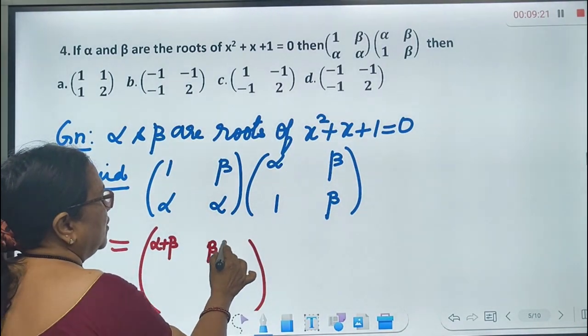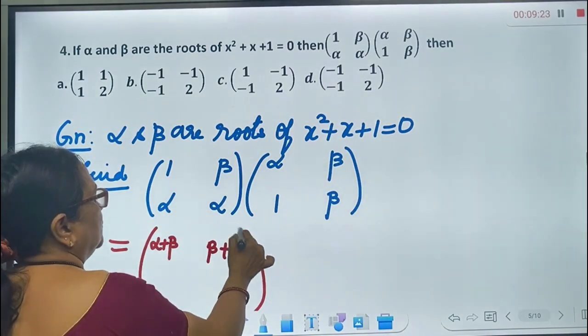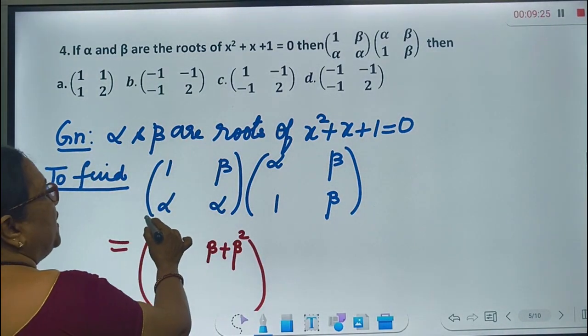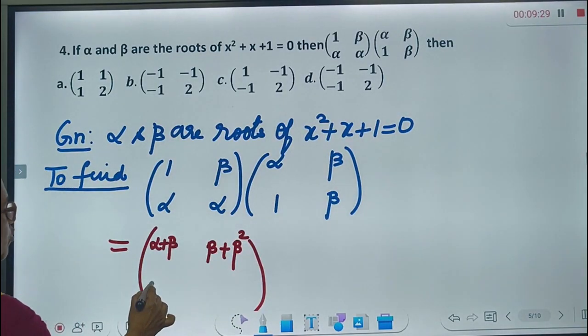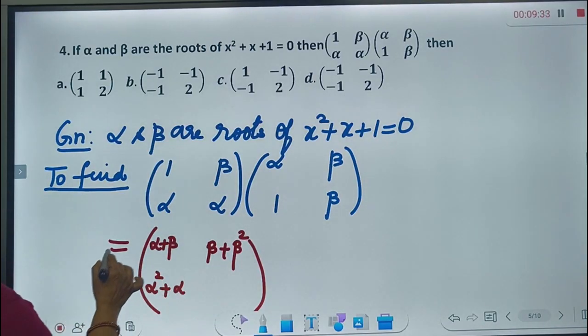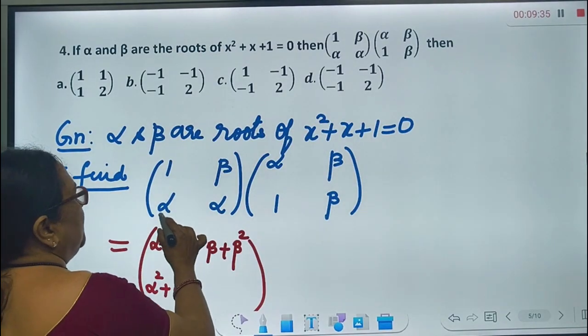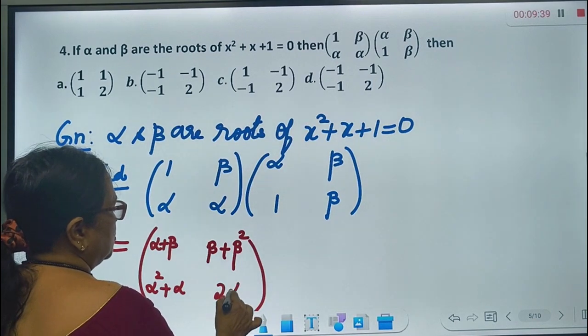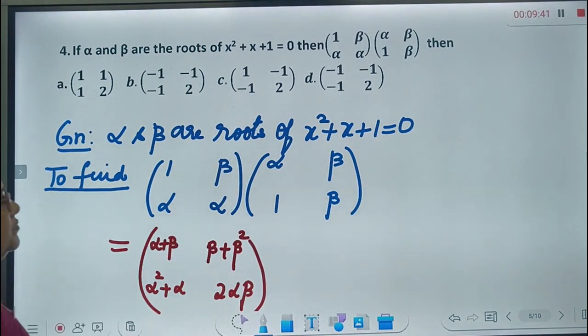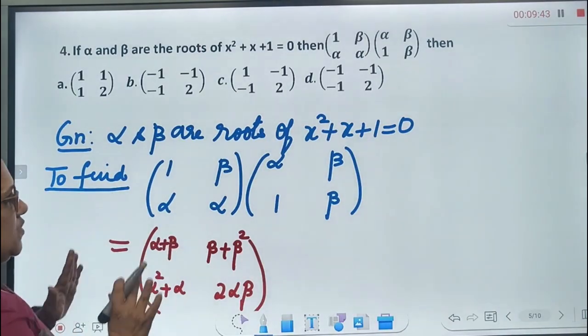So beta plus beta square. This will be second row into the first column, alpha into alpha plus alpha into 1, alpha square plus alpha. The last element will be alpha into beta plus alpha into beta, which is 2 alpha beta. Now, we have just multiplied.